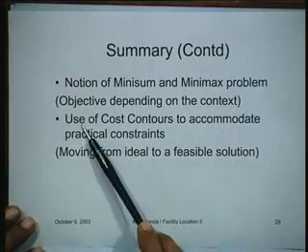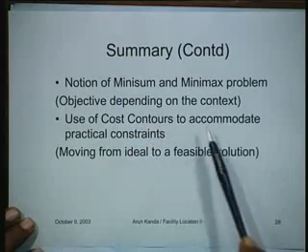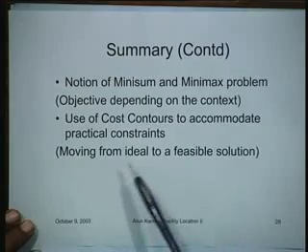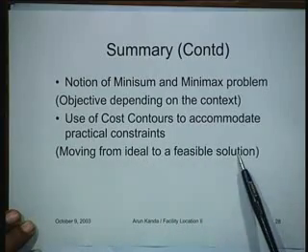And finally, we saw how cost contours can help to accommodate practical constraints, that is, moving from ideal to a feasible solution. So with this, we conclude this particular lecture, and in the next lecture we'll go over to the facility layout problem, which is the next important problem in the context of facility location.